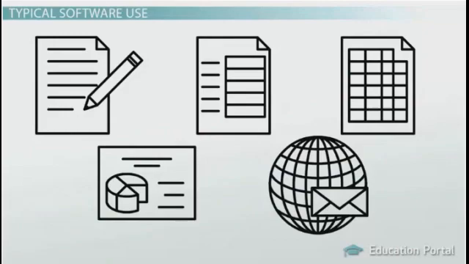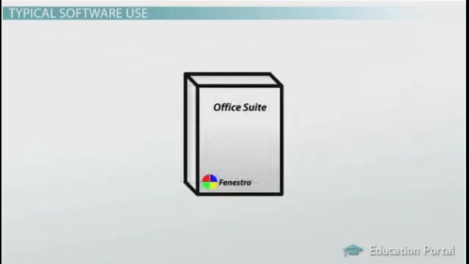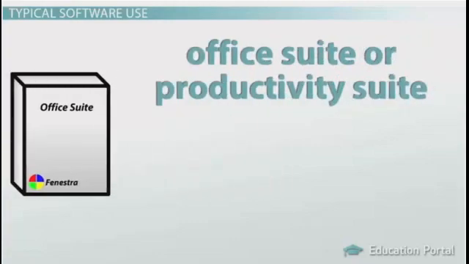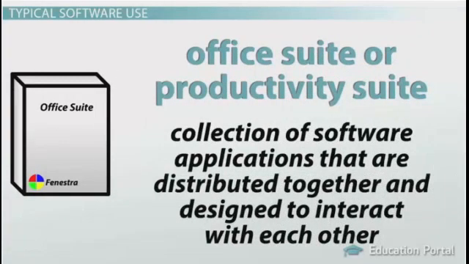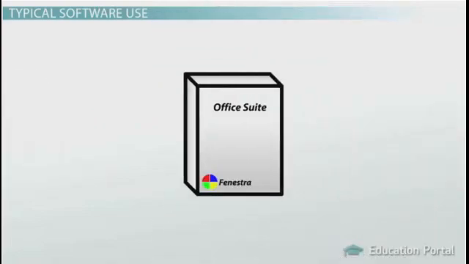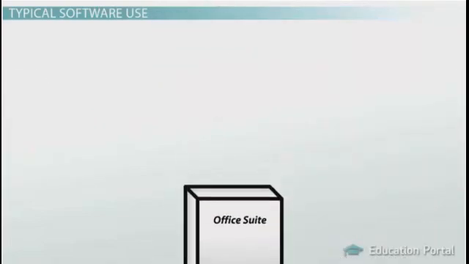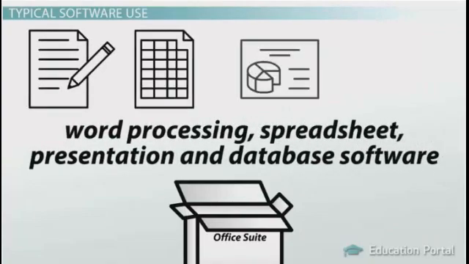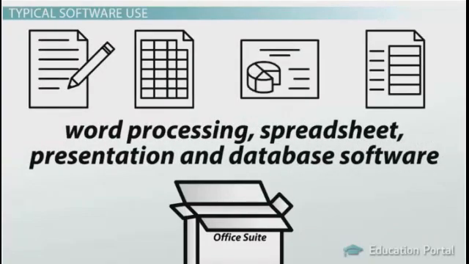However, they are often used in combination, and it makes sense to bundle them in an office suite or productivity suite. An office software suite is a collection of software applications that are distributed together and are designed to interact with each other. Applications typically included in a software suite are word processing, spreadsheet, presentation, and database software.